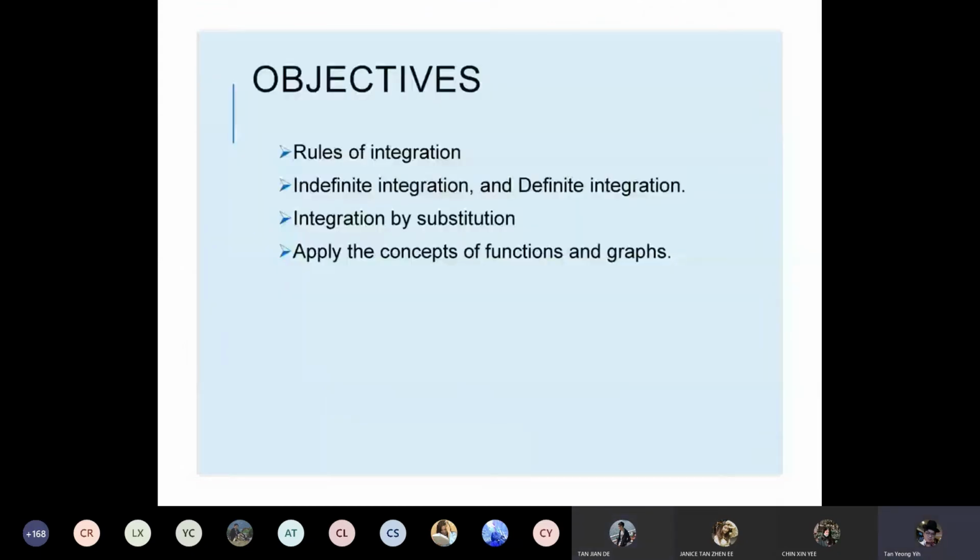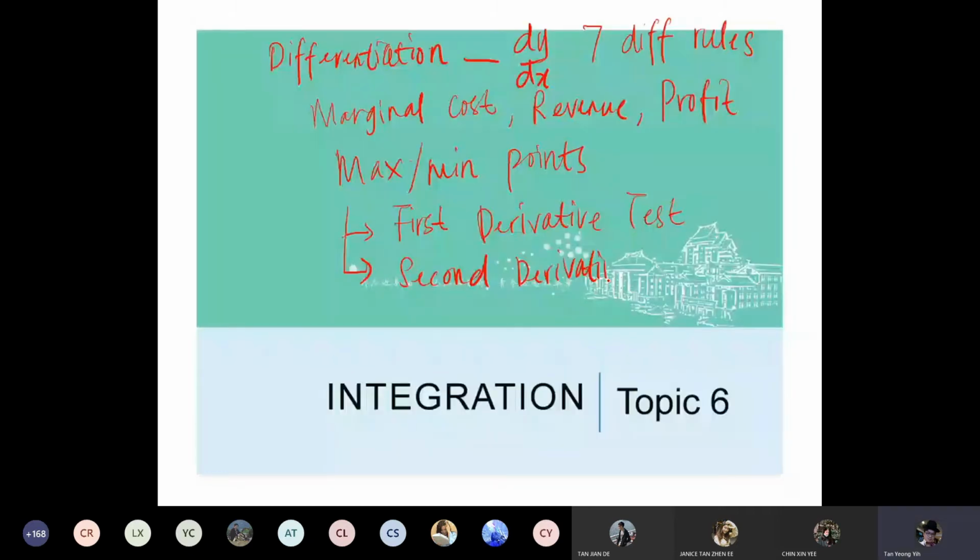And second derivative test. Okay, so these are very important topics in differentiation. Make sure that you revise and remember this.